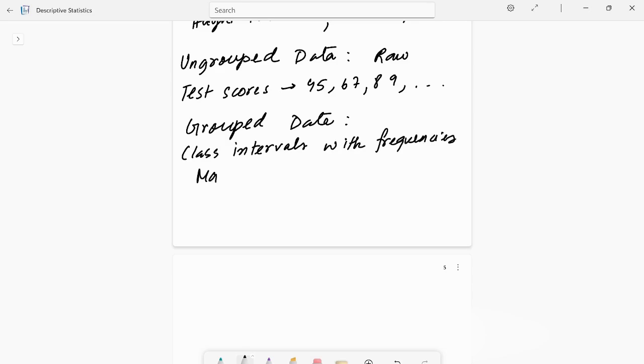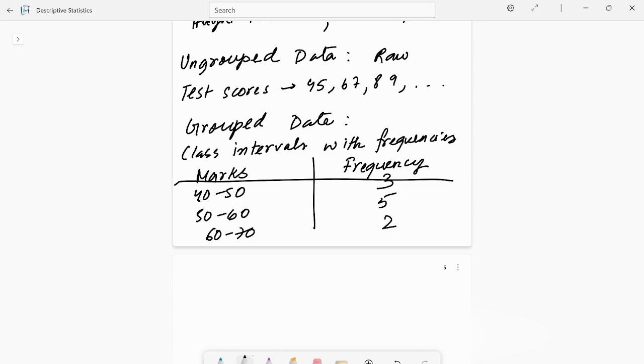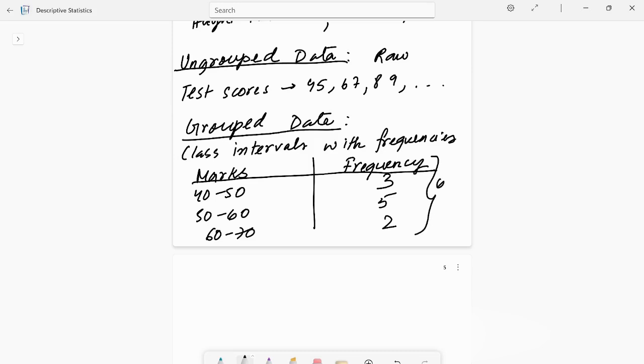For example, marks received by students and the frequency, the number of students who got it. Like 40 to 50, 3 students got it. 50 to 60, 5 students got it. 60 to 70, let's say 2 students got it. So this is actually grouped data. Grouped data helps identify trends and makes large data sets easier to understand.